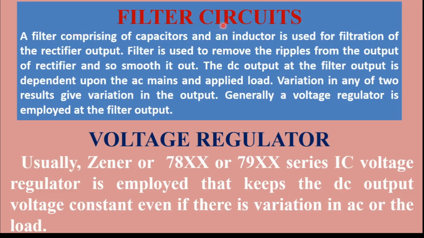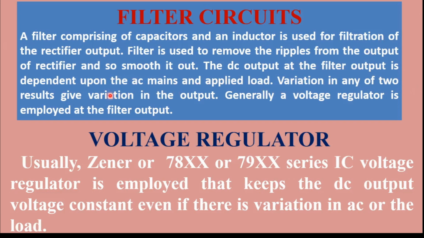The next section of regulated power supply is a combination of filter circuit and voltage regulator. A filter comprising a capacitor and an inductor is used for filtration of the rectifier output. Filter is used to remove the ripples from the output of the rectifier and so smooth it out. The DC output at the filter output is dependent upon the AC mains and applied load.